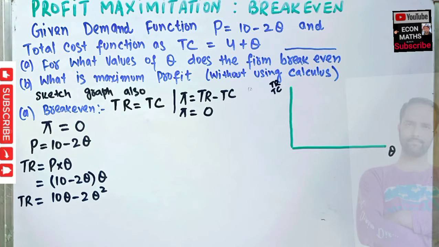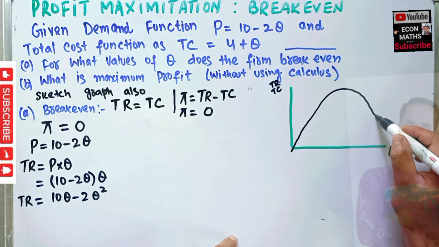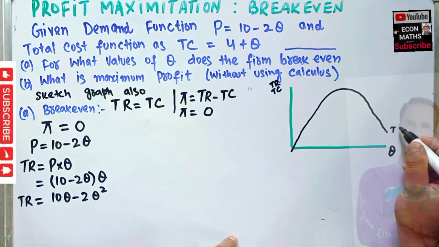Since we don't have any constant term, this will pass through the origin, first thing. And since the coefficient of Q square is negative, we will have an inverted U-shaped function because it is a quadratic one. So our graph will look like this. This will be our total revenue function.